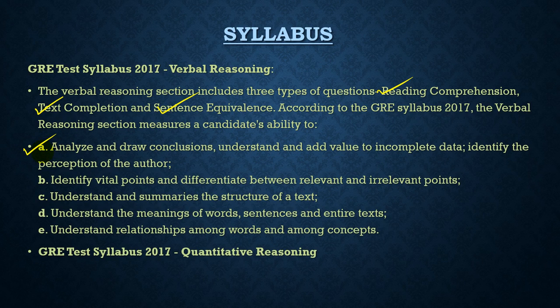You are required to add value to incomplete data or identify the perception of the author. You're also required to identify the vital points and differentiate between the relevant and the irrelevant points.